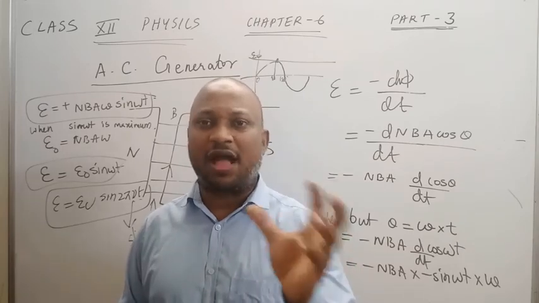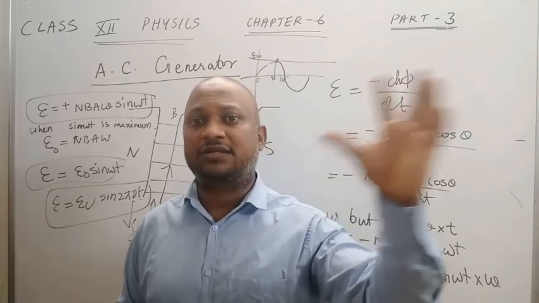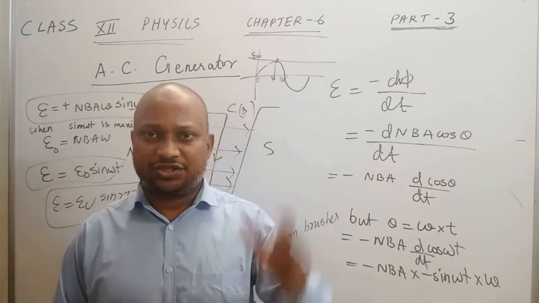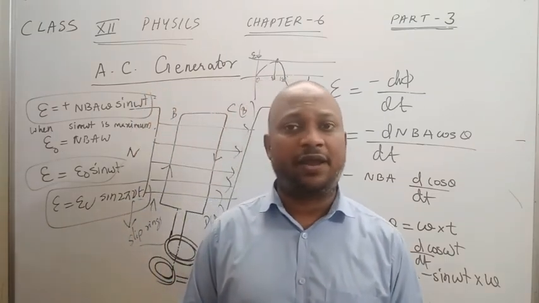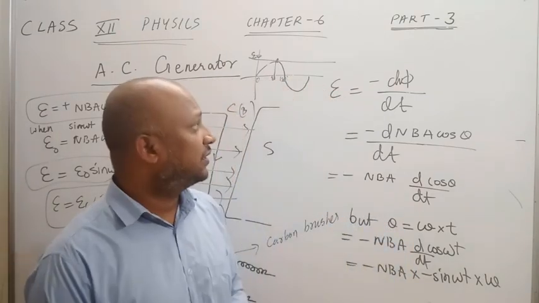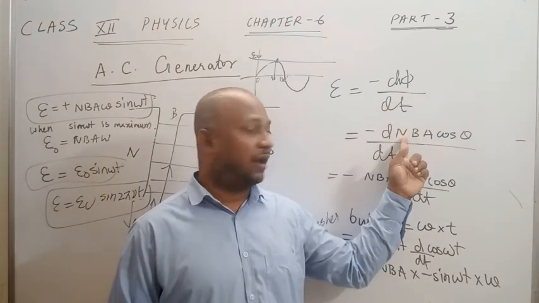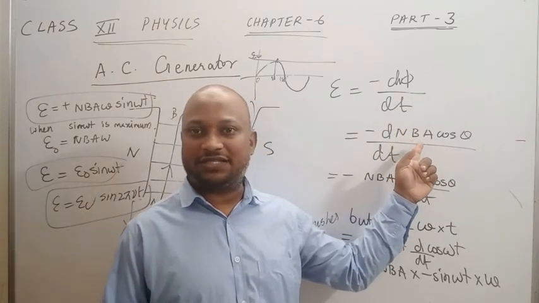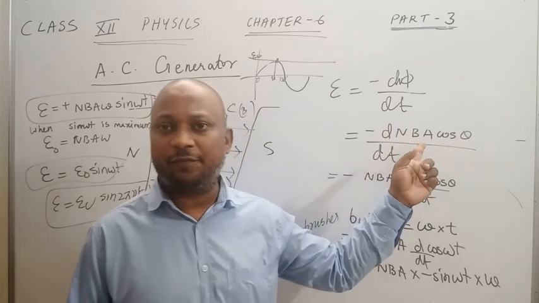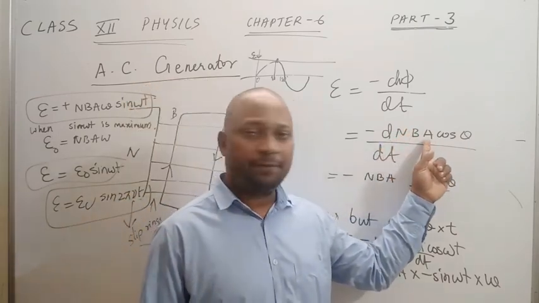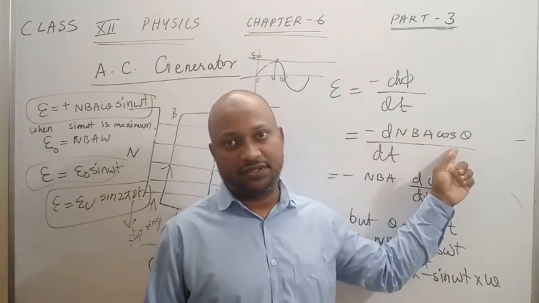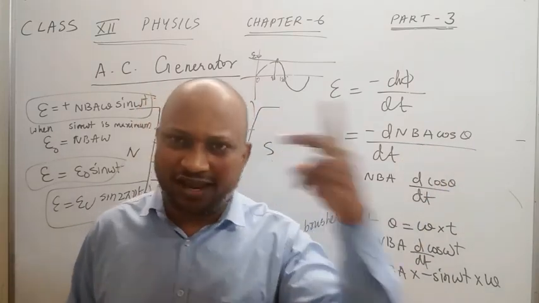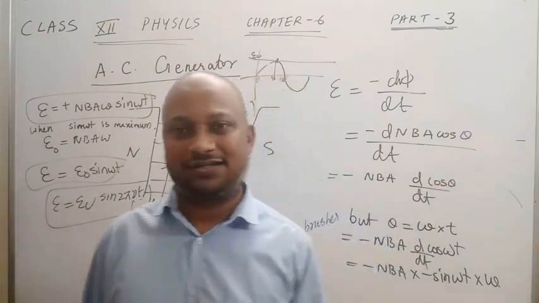The change in magnetic flux can create electric current, and the change in magnetic flux can be caused by changing the magnetic field, changing the area, or changing the cos theta. By changing the area, we have already learned.